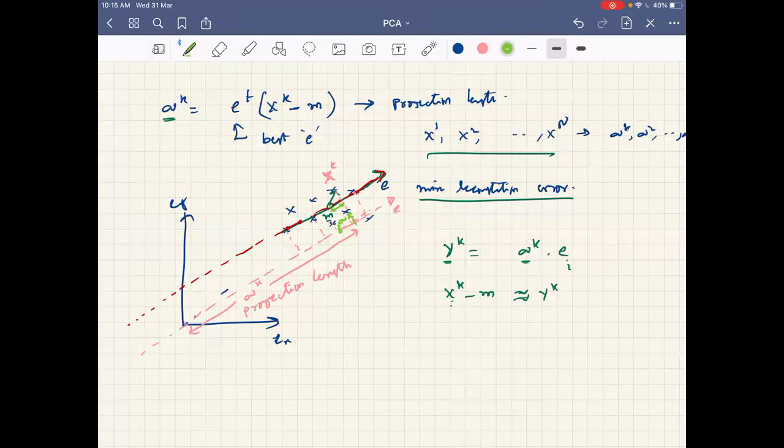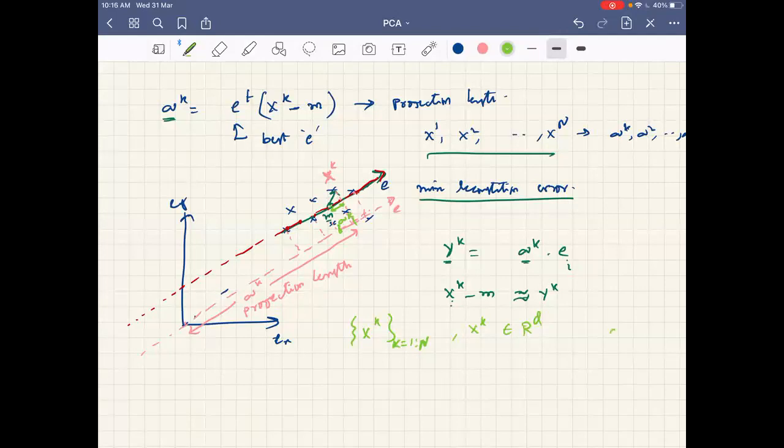Now the question is, assume that what I initially have are samples xk, with k equal to 1 to n, so n samples, and each of these samples xk belongs to D dimensions. So how many values are required to represent all these samples, with k ranging from 1 to n and each of dimension D?